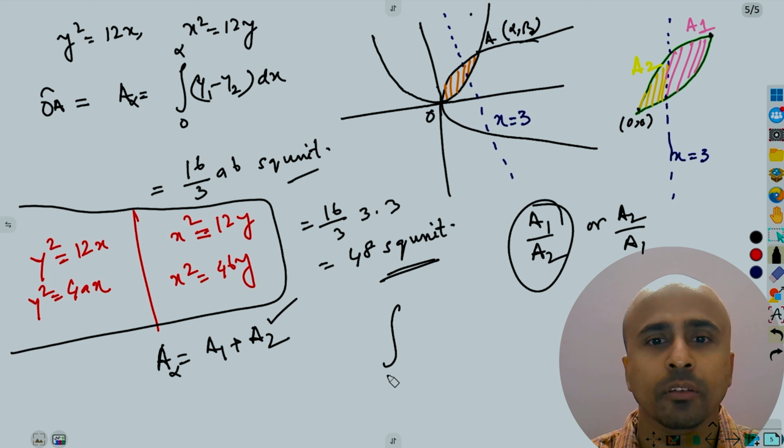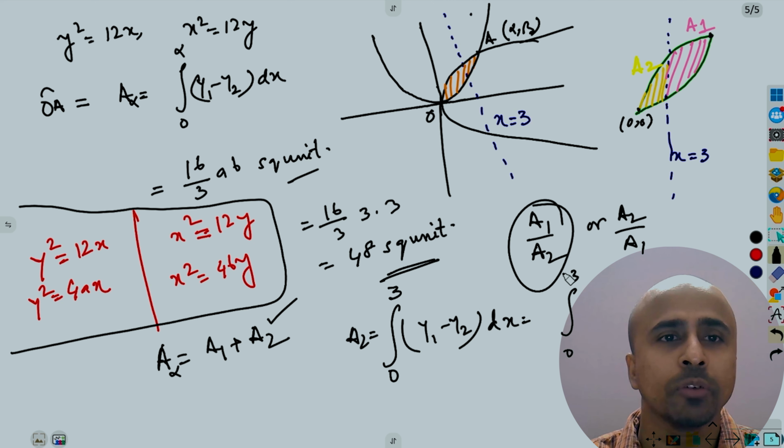Okay, so A2 equals the integral from 0 to 3, since we know the upper limit 3, and same formula, (y1 minus y2) dx, 0 to 3. What is our y1 here? y1 is the square root of this, and this is our y2. Okay, sorry, this is y2.